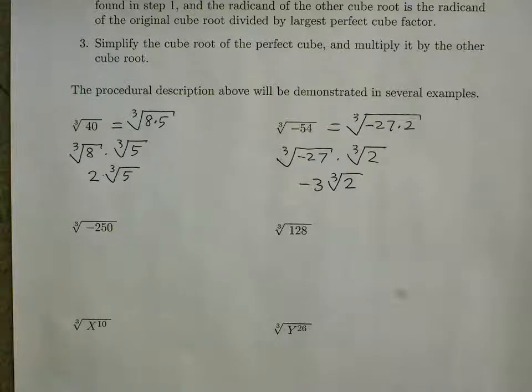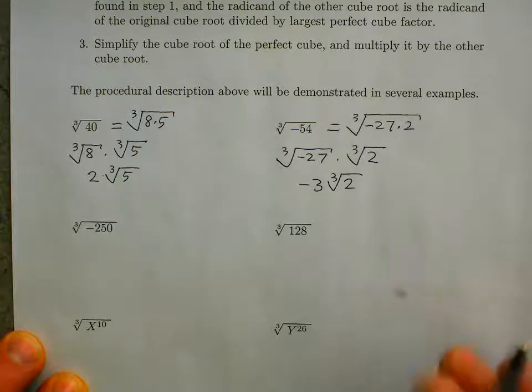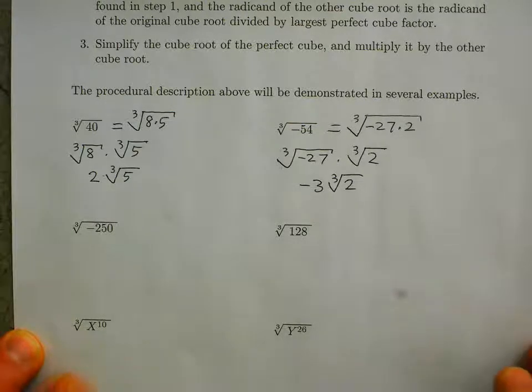So I've already mentioned the one that we need. Negative 125 is a perfect cube factor of negative 250 because negative 5 to the third power equals negative 125.